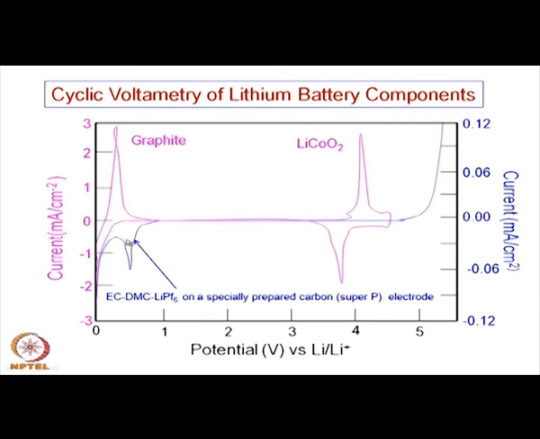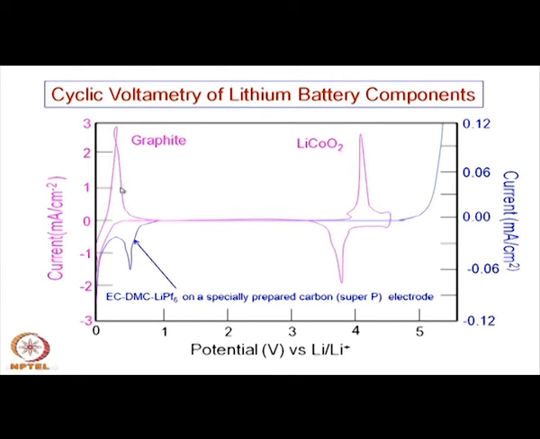However, in connection with the cathode and the anode, these are the two peaks you get. Here it is for the lithium cobalt oxide, and this is for the graphite. Of course, this does not cross over like that, there is a problem of drawing the curve. This is not a loop, this is just a peak.